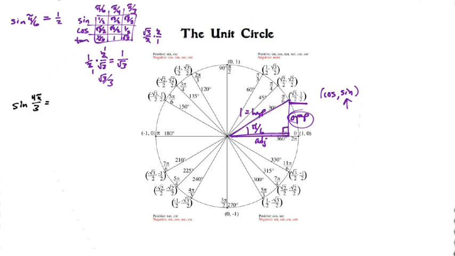Going around my unit circle, there's 1 pi over 3, 2 pi over 3, 3 pi over 3, and then 4 pi over 3. I know that I'm in quadrant 3. In quadrant 3, the x is negative and the y is negative. That means both sine and cosine are negative.